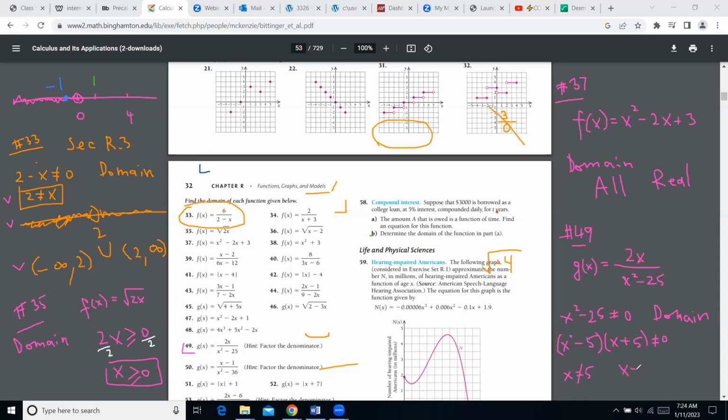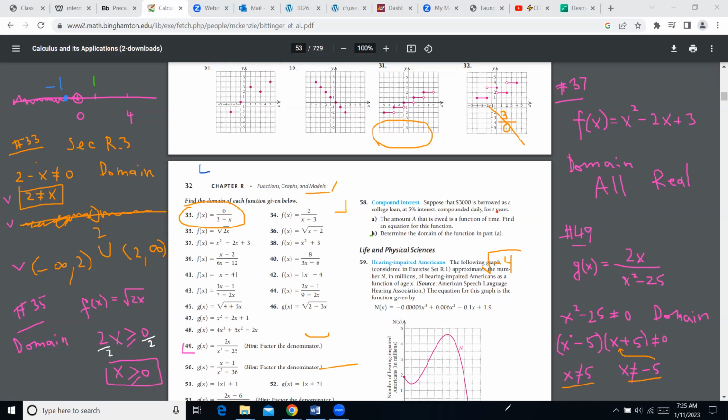Because if you replace x with negative 5 in the second piece, it's going to be 0, minus 5 plus 5. So that's the problem. So what I can say, just 2 numbers are out, plus and minus 5. Everything else is in the domain. So just making sure that we don't divide by 0.